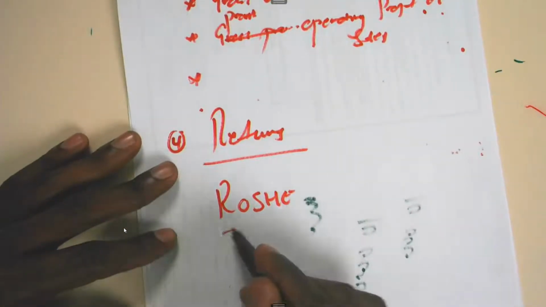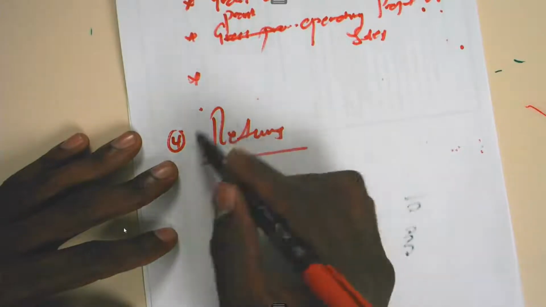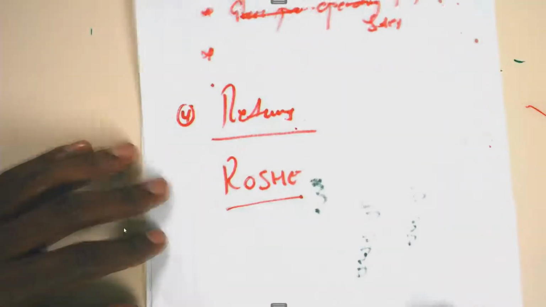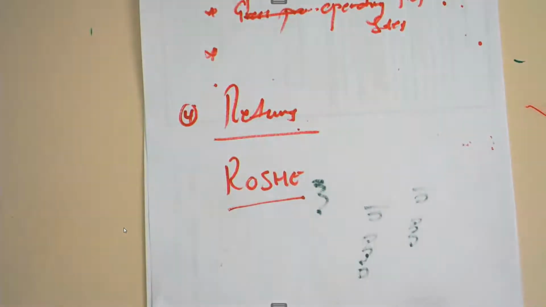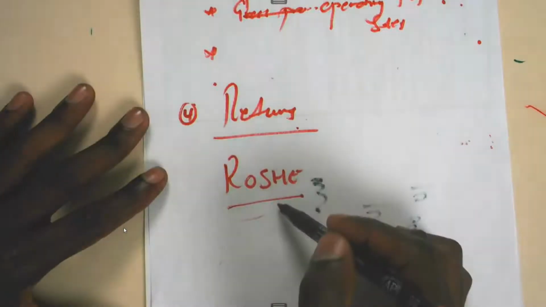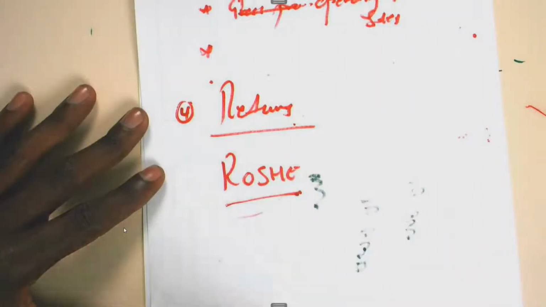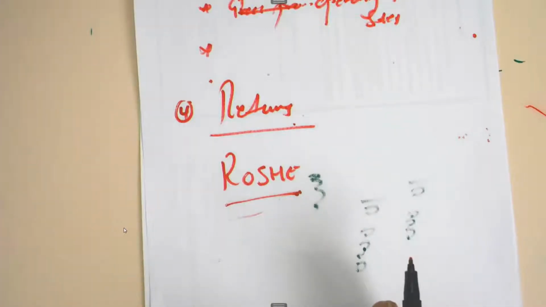So we can use ROSHE as one of the returns financial indicators. This is what the shareholders are going to get from what they have invested in the company. So basically we need to look at ROSHE so that we can see if the shareholders are happy or if they are actually getting something from their investment.